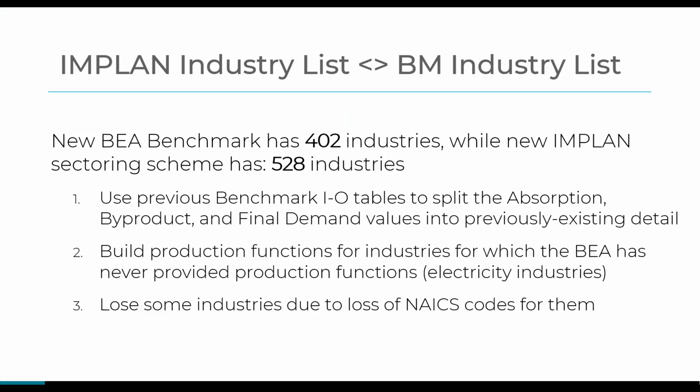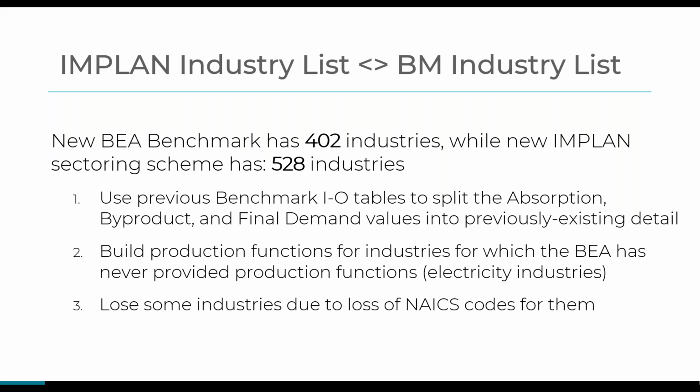There are 3 reasons for this. I'm going to talk about the first reason next, and then I'll hand it over to Wes to talk about the last 2 reasons. So the latest BEA benchmark, which was just released a few months ago, has 402 industries, while IMPLAN's new sectoring scheme is going to have 528 industries.